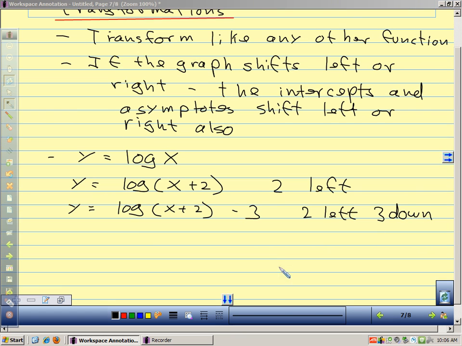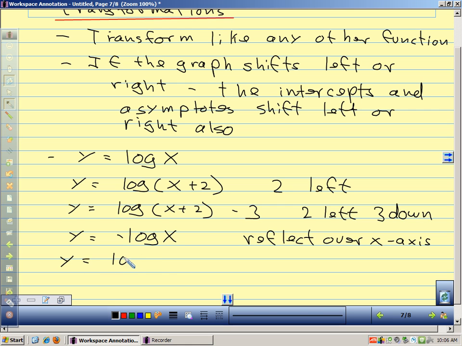Just like we've done transformations before, if we have y equals minus log of x, that's going to reflect over the x-axis. And if we have y equals the log of minus x, that's going to reflect over the y-axis.